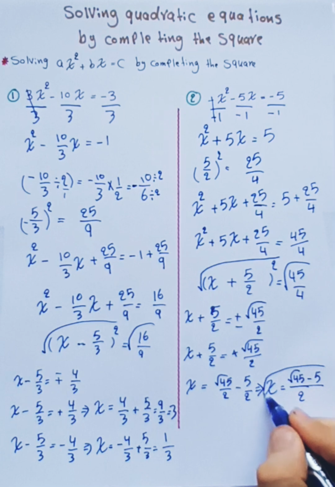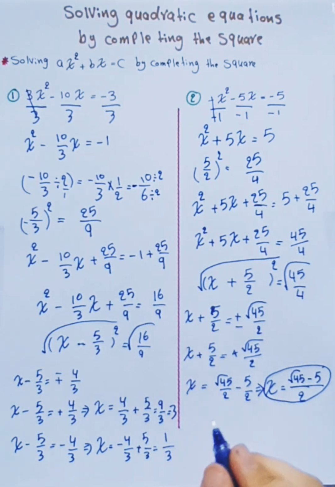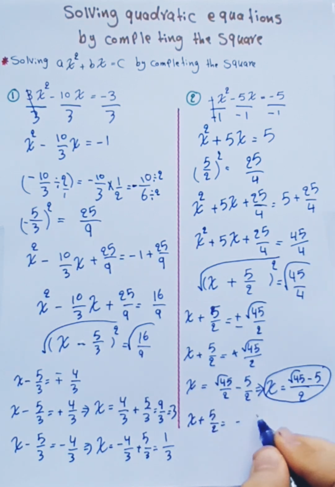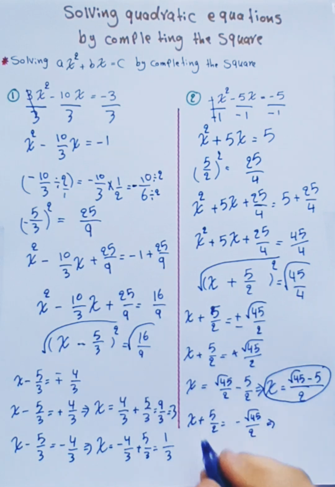And then this is the first value for x, and after that x plus 5 out of 2 equal to negative root 45 out of 2.